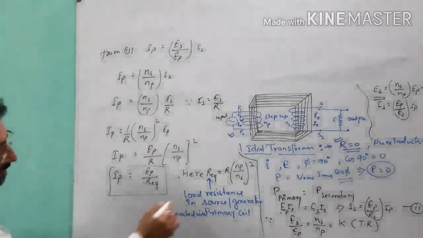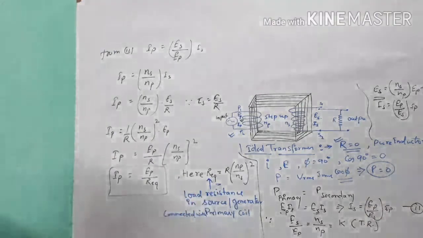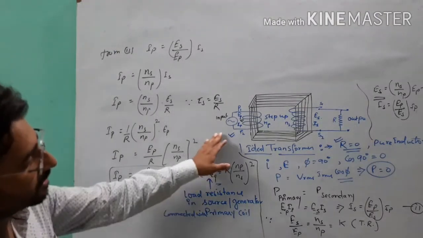Point clear, student? This is the value of our equivalent or load resistance in the primary coil.